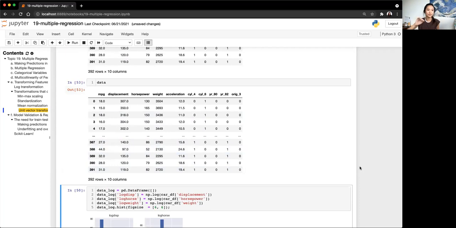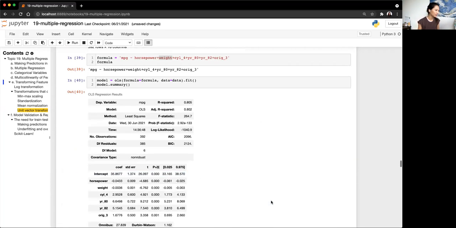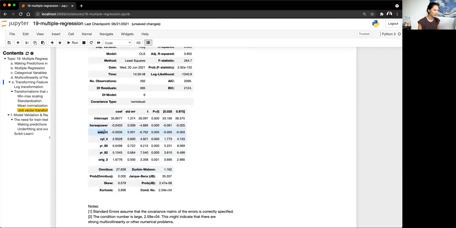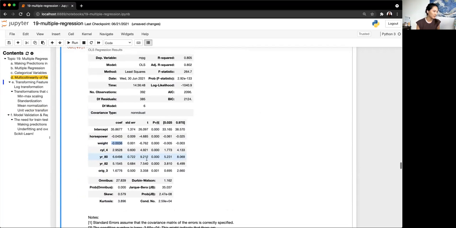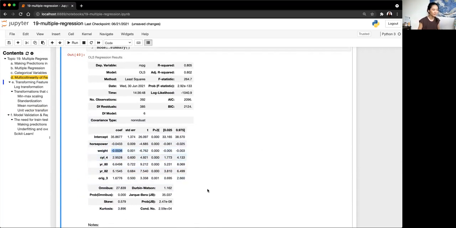Basically, when you scale your values, imagine that instead of weight, you're doing your log weight. If this was log weight and you get this coefficient, you interpret it slightly differently. You interpret it as a one-unit increase in the log of your weight leads to a negative 0.0036 effect on miles per gallon.